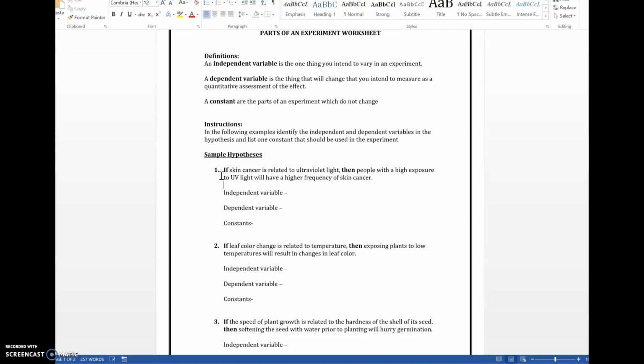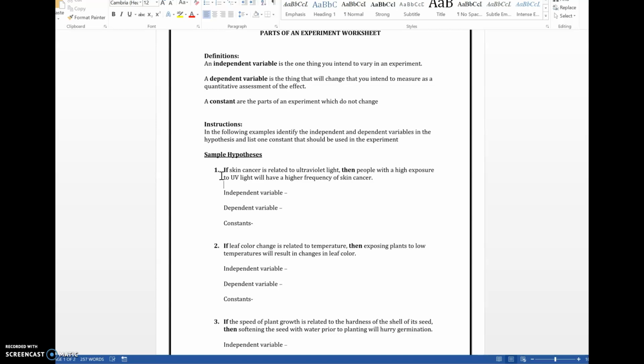A lot of individuals of Irish descent have very pale skin, and so they have a higher frequency of burn, which can lead to higher frequency of skin cancer. So we would look at all of these things. We need to make sure we have constants across the board so that we don't have those variables in there. We don't want other things to influence the experiment. So you need to be super detailed with the individuals or the constants that are in the experiment.